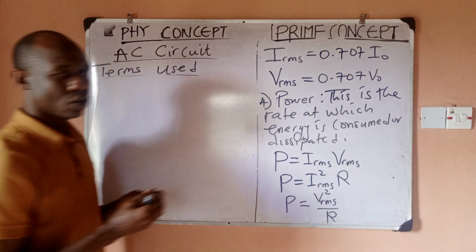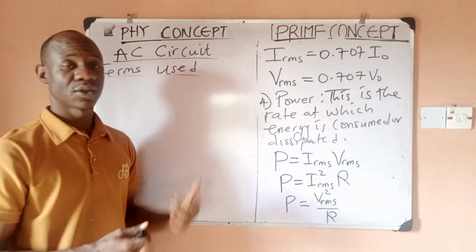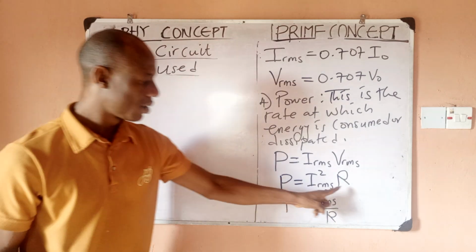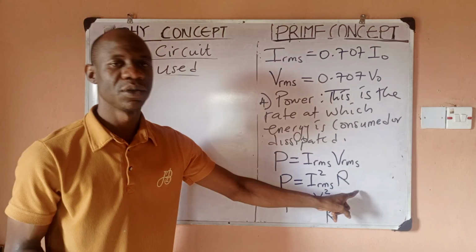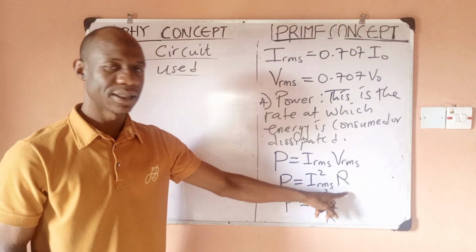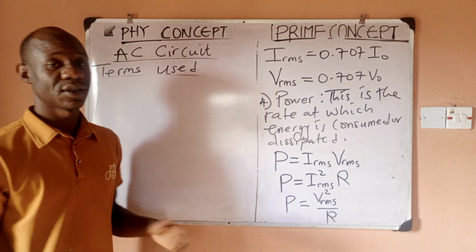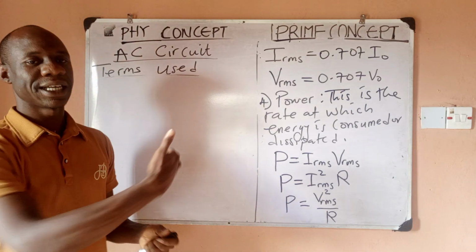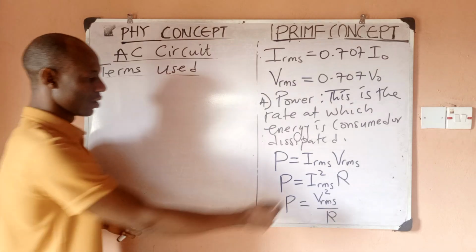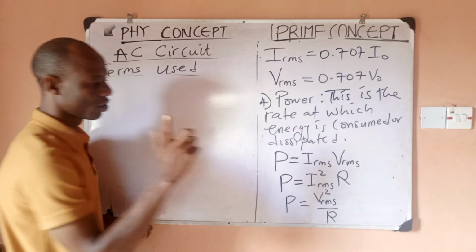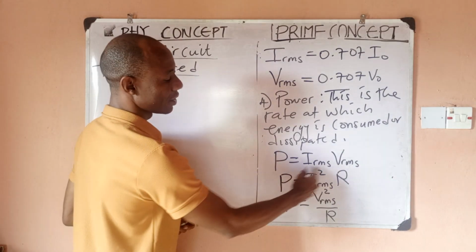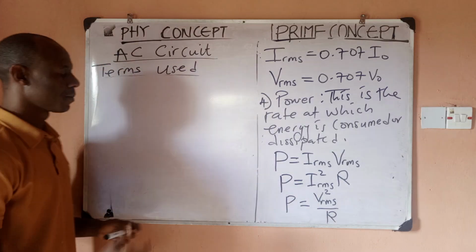R. Now you should know, when I was teaching this to my students, some of them were asking, why don't you write RMS for the resistor, right? Or the resistance? Of course, resistance is a constant, so it does not fluctuate, so that we can get an RMS value for it. So it's fixed. So what we talk about RMS is for current and voltage.